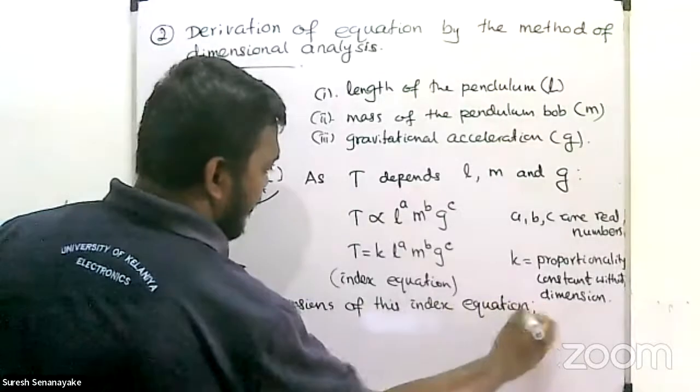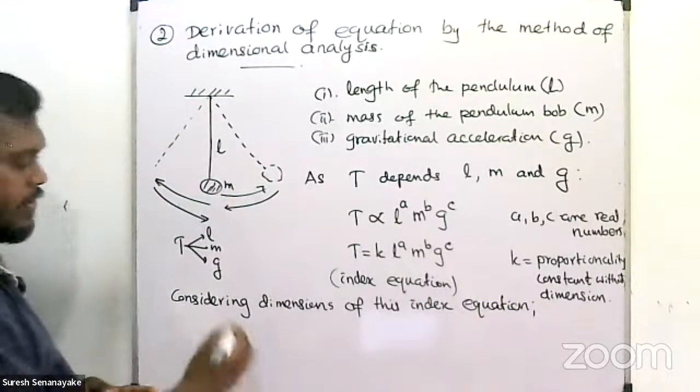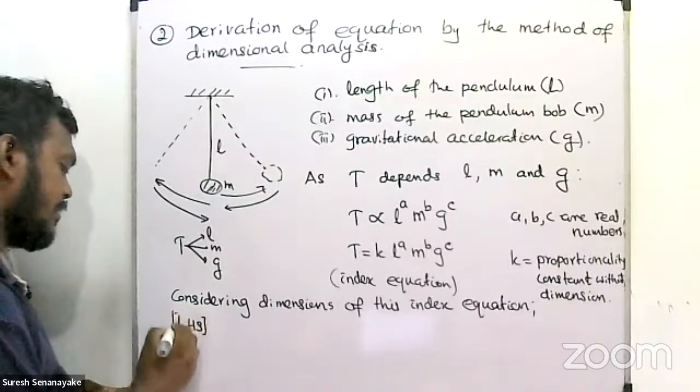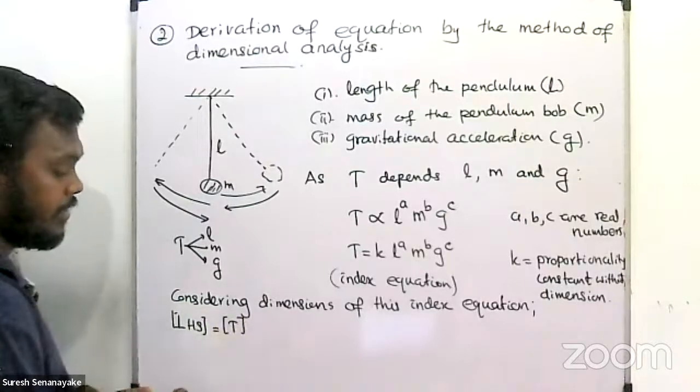We call it the index equation because it is the indices of the equation. That's the dimension of the left hand side, that term is called T, the time period.